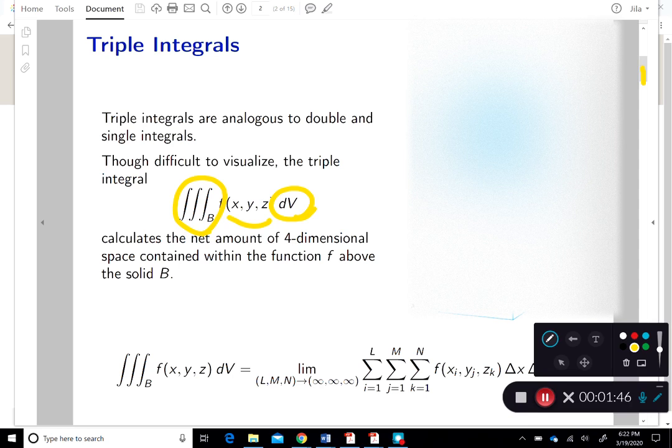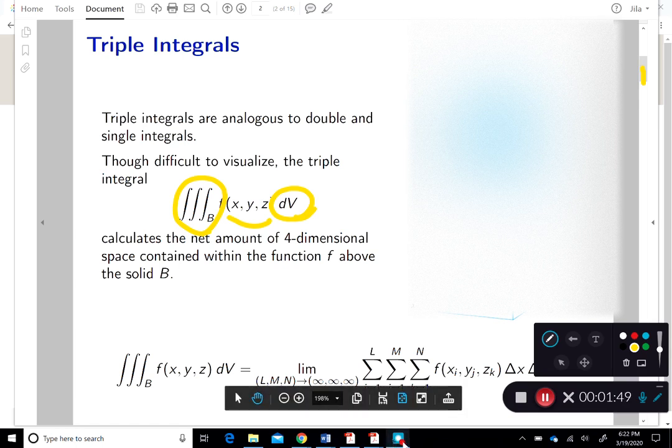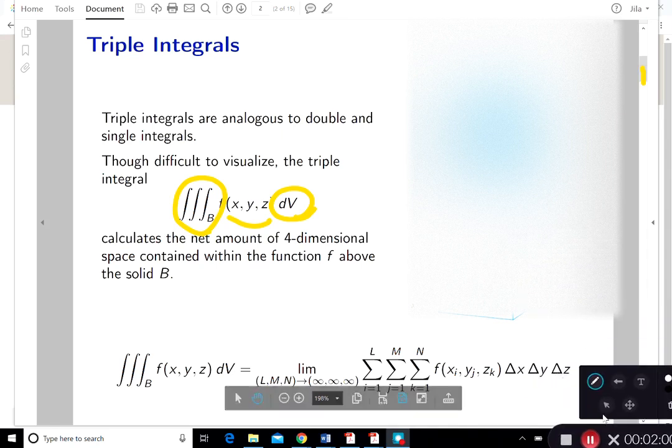So speaking of that, how do we interpret this in terms of a Riemann sum? If you remember, in one dimension, the single integral was one sum, and we take the limit.